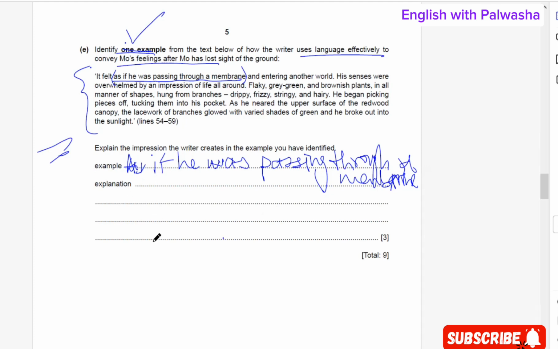So this is the way you're going to explain in the best possible manner, but it should be just one example. Let's suppose if you feel like I can explain this one example better, flaky, gray, green, and brownish plants, let's suppose. So you'll be writing like, example here. Pick this example and write it inside, but it should be only one. There is a whole text, read it and then take out any one example.